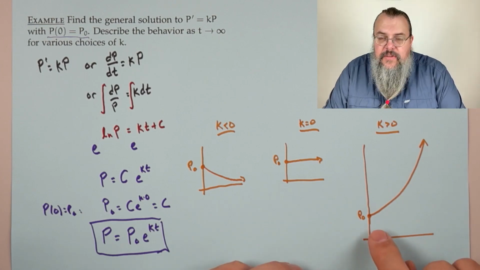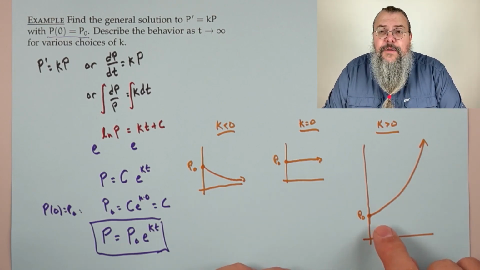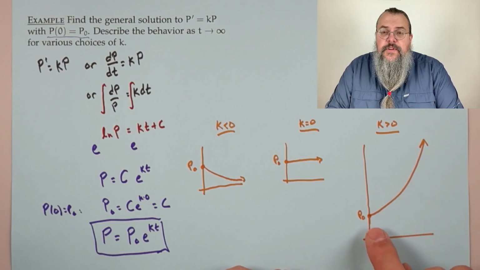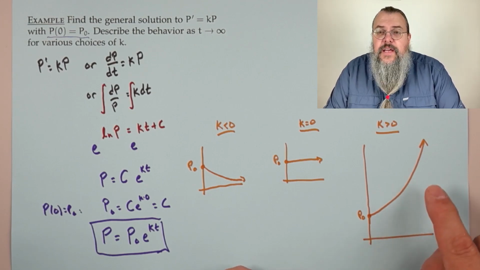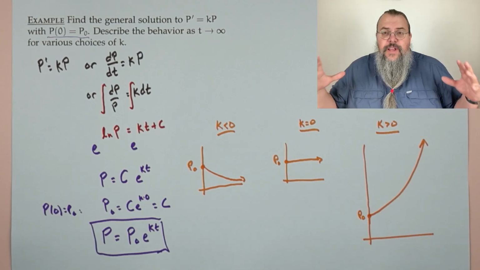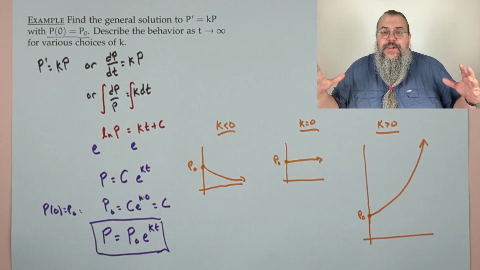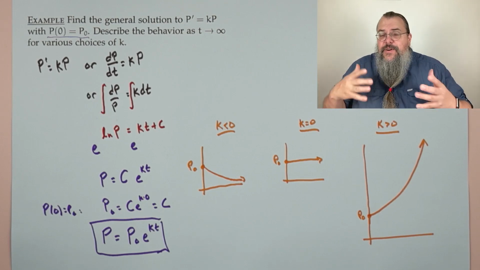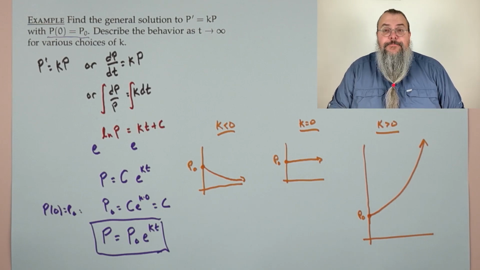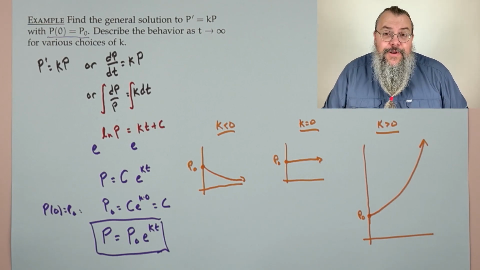But here, this says there's no problem. You can keep growing. And so if you start off with a single bacterium, in a matter of days the whole earth would be covered in a huge layer of this bacteria. So there have to be other models that are more realistic and take other things into account. And we'll get to one of those very soon.